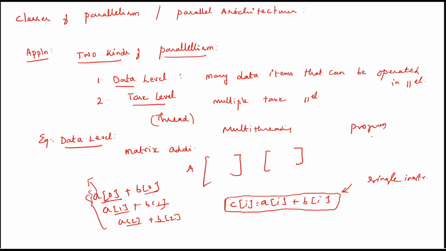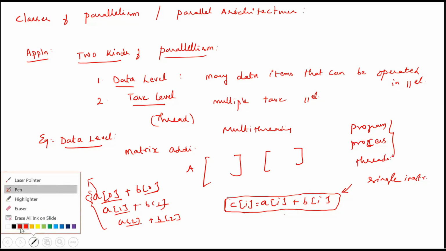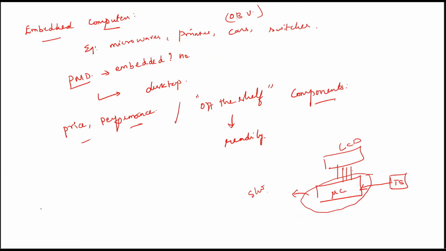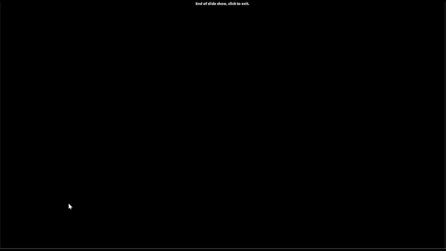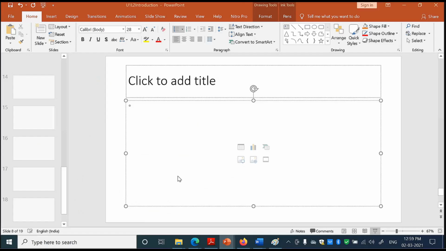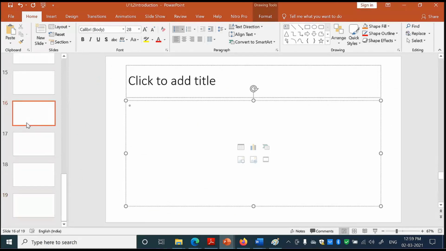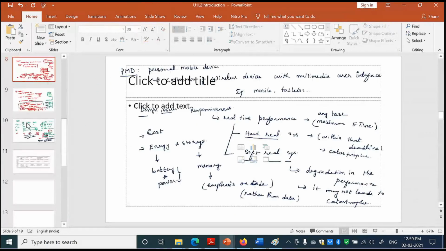What is a process? What's the difference between these things? Inside the program we have processes, and inside the process we have threads.